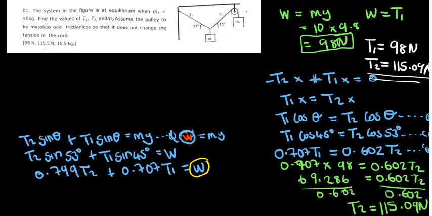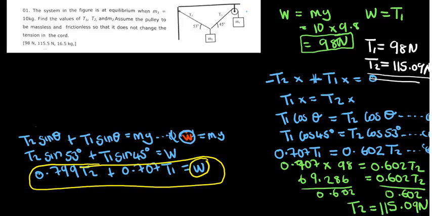Okay, so we are going to use this equation here to calculate what we need. So we have 0.799. What is our T2? Our T2 we've calculated as 115.09.